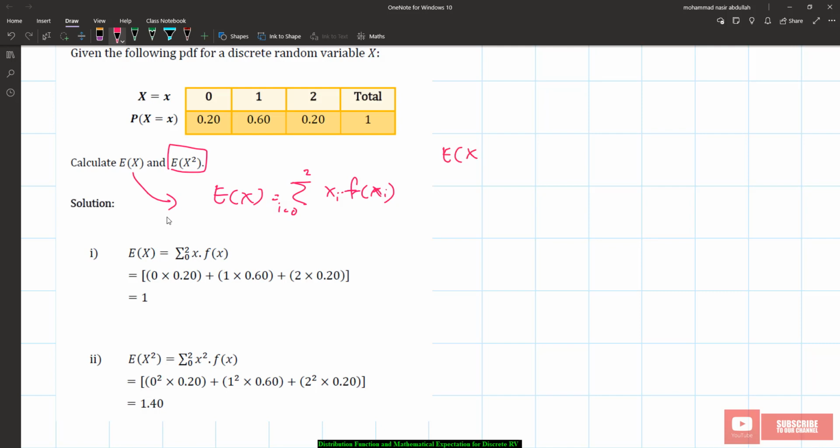If you want to find E(x squared), it means you're going to do a summation of x squared multiplied with f(x). Whatever is inside the bracket is going to be the coefficient of this one.